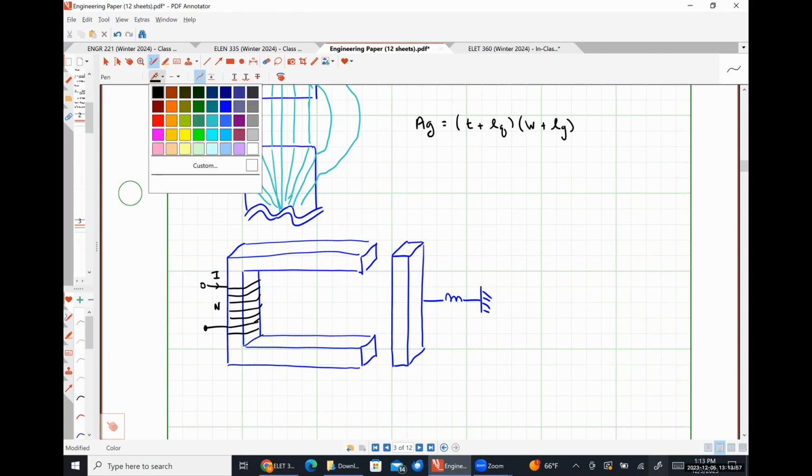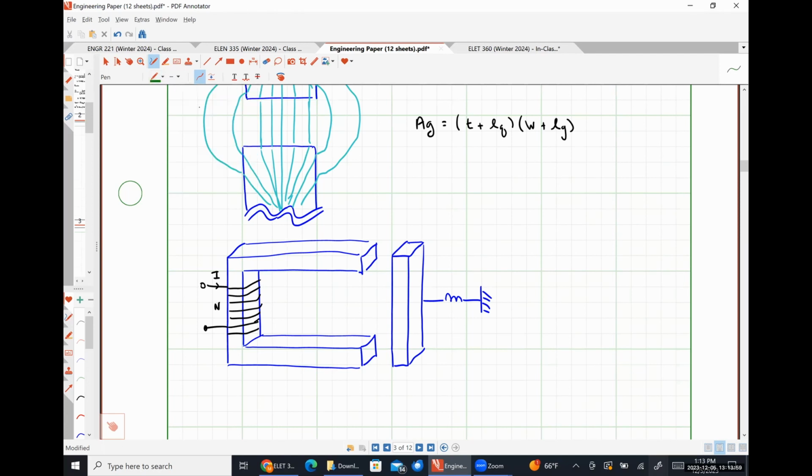So let me define some dimensions for you guys. This is our width W, this is also W, this is also W, this is also W, and W is 1 centimeter. It's going to be a big relay.